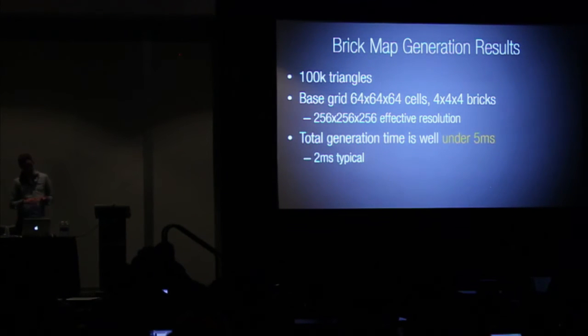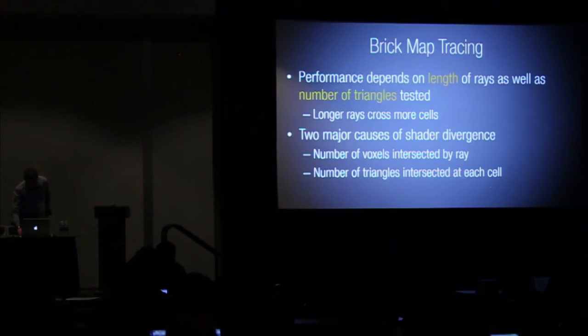So in this case, I can get typical generation times for the whole data structure of under 5 milliseconds per frame on a decent high-end machine, and for a reasonably well-made scene, it can be 1 to 2 milliseconds for the whole scene. This actually makes it practical, and it's the kind of cost that means it's not a great pain to you.